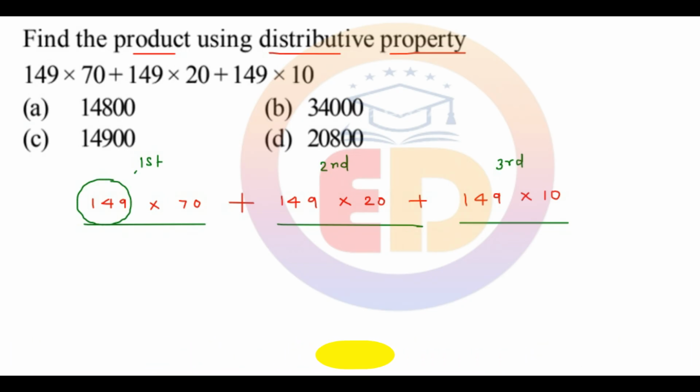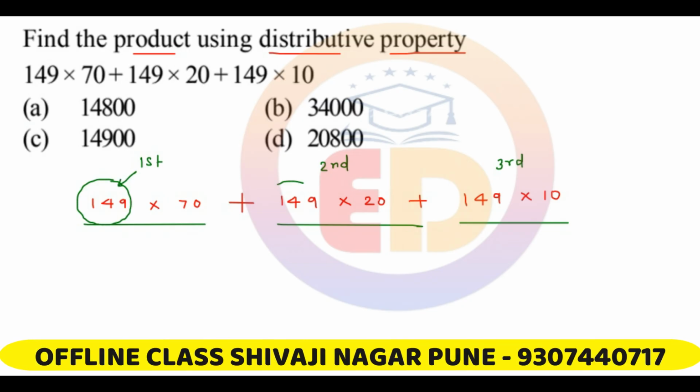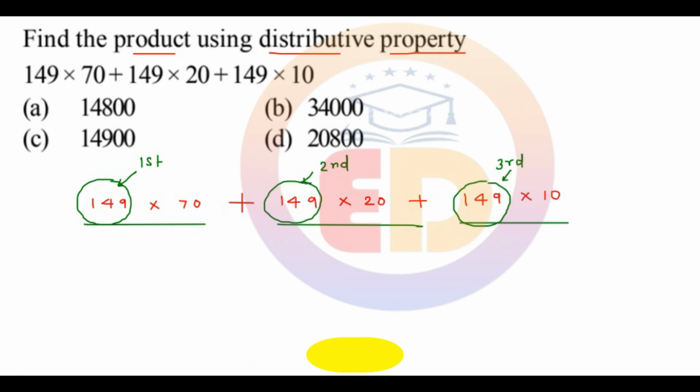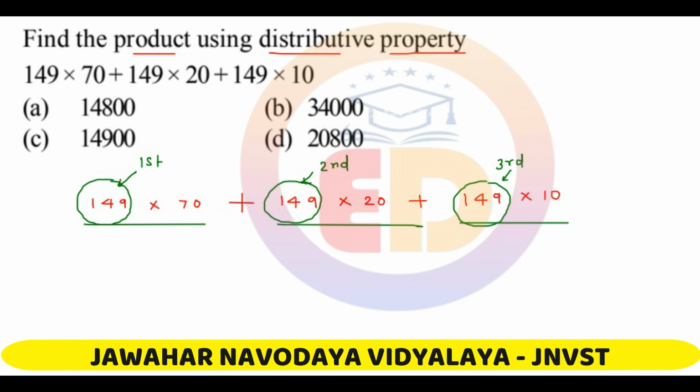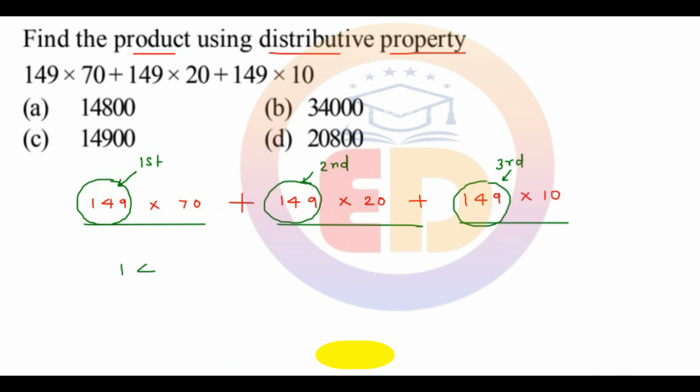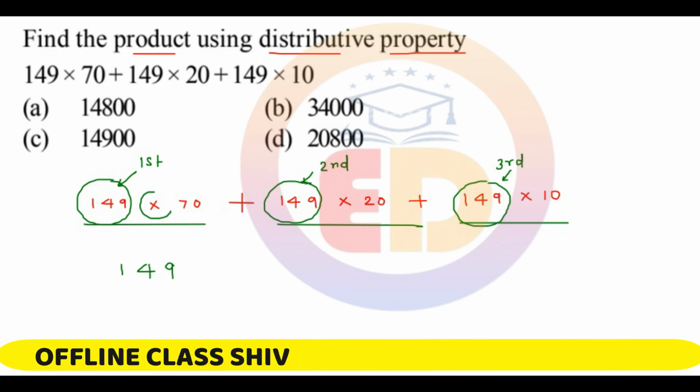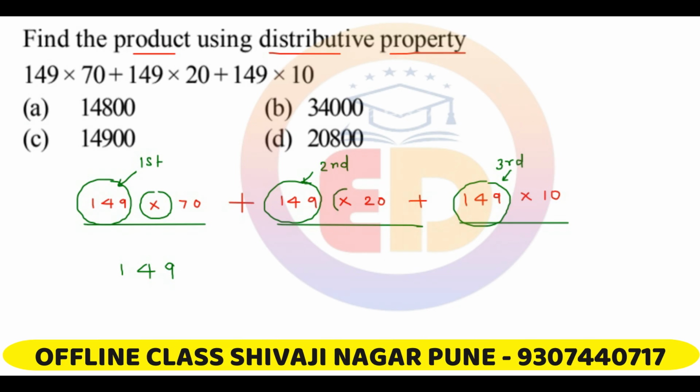Here in the first term 149 is present, the second term also 149 is present, third term also 149 is present. So since 149 is present in all the three terms, you take it out as a common term. Also, another important point is 149 is multiplying by all the three terms.